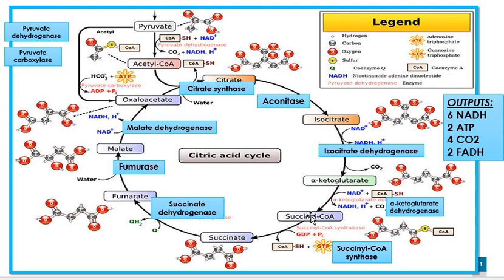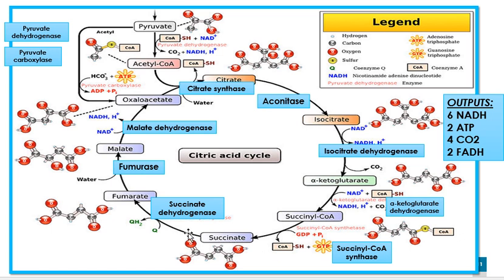Succinyl CoA will rearrange, will become succinate, still 4 carbon, with the help of this, but in here its CoA is what is used for GDP or ADP to get a phosphate to become GTP or ATP. The same.